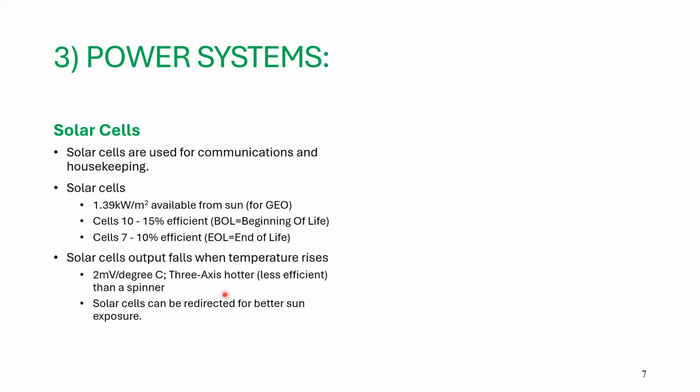And the solar cells can be redirected for better sun exposure, so we can control their directivity, and they can generate up to 6 kilowatt from solar cells in total. As I mentioned, these numbers are subject to technology, so we're just presenting them to get used to the units and so on. Otherwise, the exact numbers, efficiency, I'm sure that they have improved dramatically.